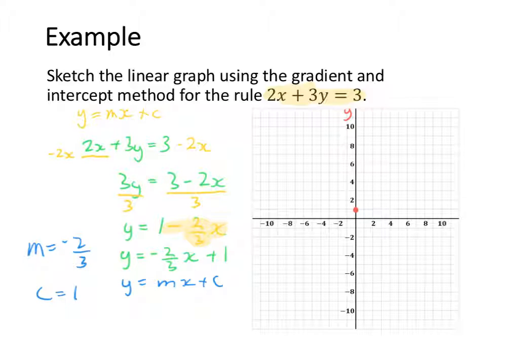So as x increases by 1, my y is going to decrease by 2/3. It is going to be roughly about there. I might do that a couple more times to enable me to get a more accurate straight line. Once I've marked off a few more dots, I can join them to make a straight line.